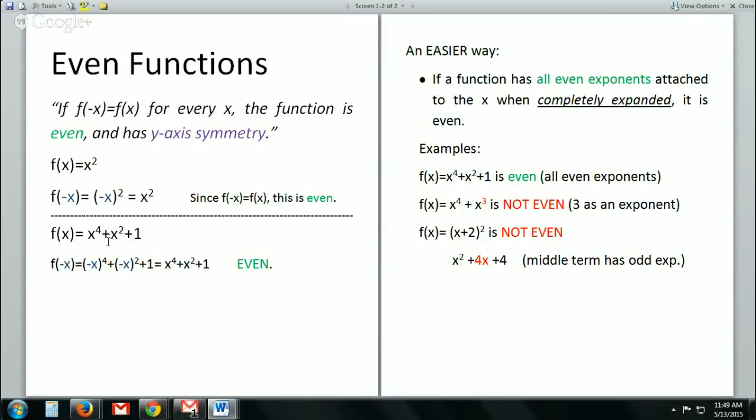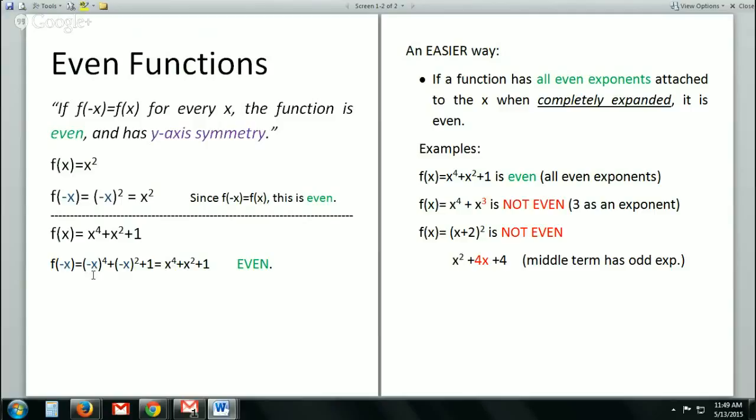If we had one that was a little bit bigger, x to the fourth plus x squared plus 1, let's see whether this one is even or not. When I put negative x in for each of the x's, we get negative x to the fourth plus negative x squared plus 1.